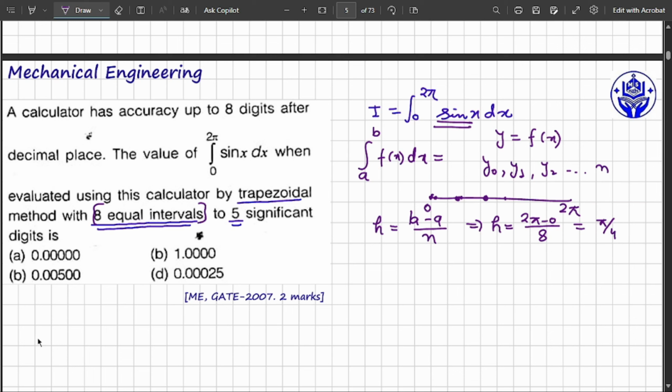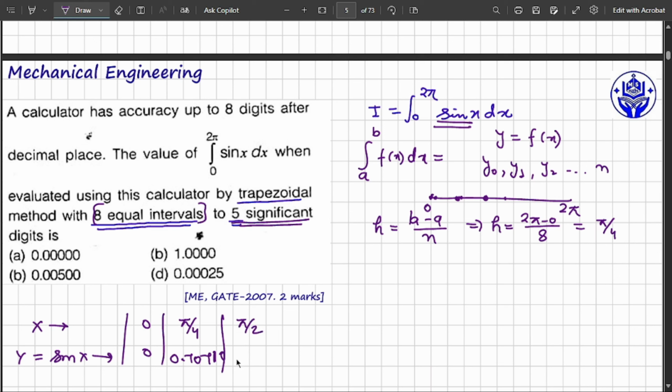Let's say I'm making a table. Here is my x, and here y = sine of x. At 0, sine 0 is obviously 0, and sine pi by 4 is 0.707. You should know all these values, and they should be written to 5 significant digits.